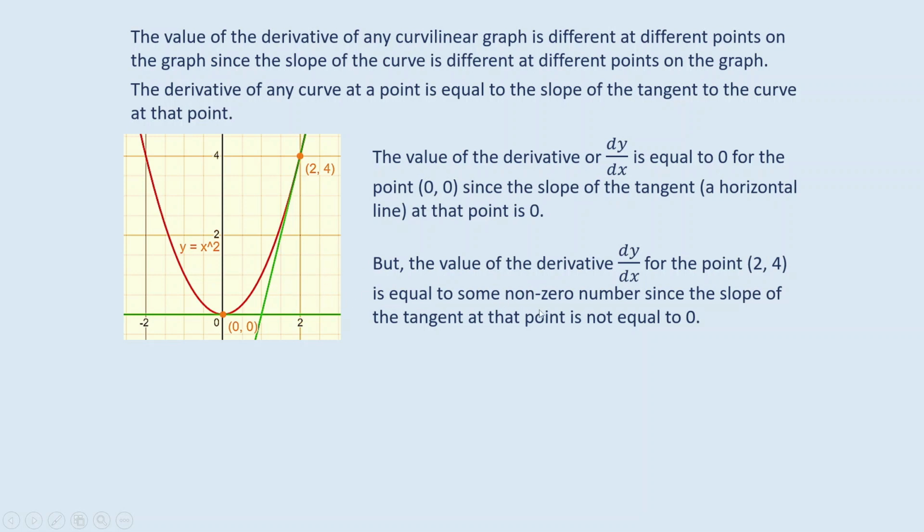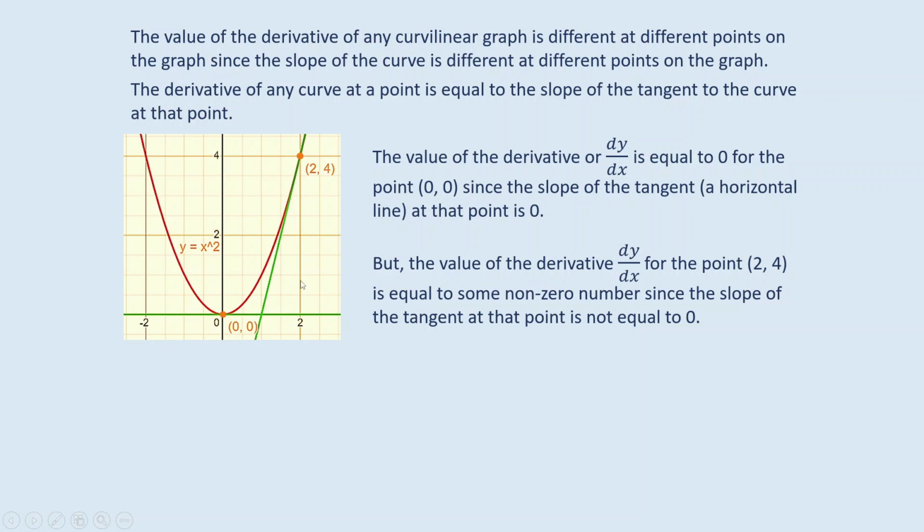But I know that it will be some non-zero number. It will be a positive number in this case. But if you draw a tangent for any of the points on this side, it will be a negative number. But it will not be equal to 0. Since it is not a horizontal line, its slope will not be equal to 0. Hence, the derivative will not be equal to 0.